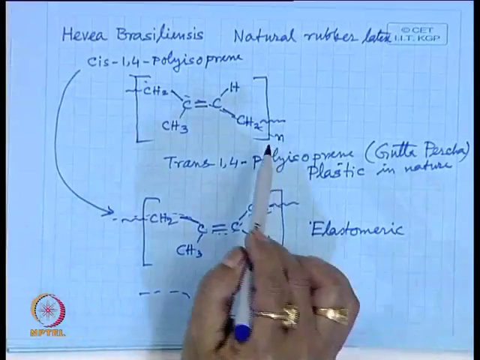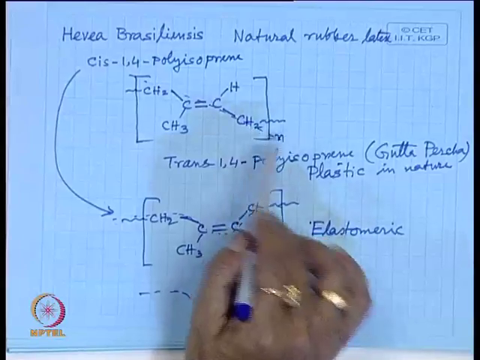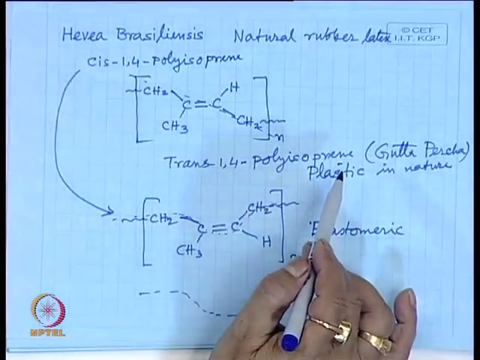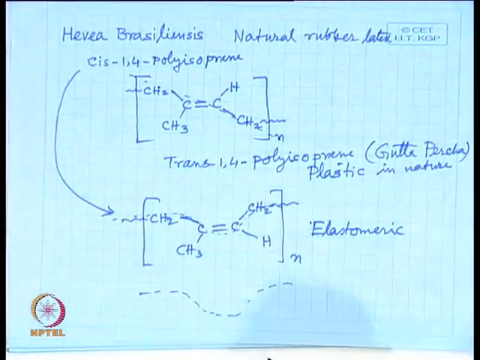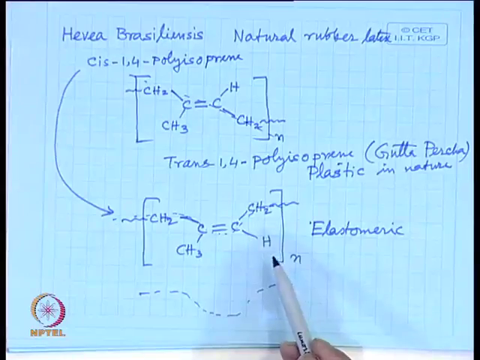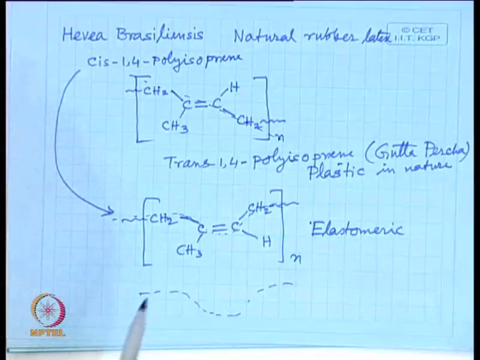So, it leads to higher molecular packing. So, it gives a plastic type of material, whereas this is elastomeric. Now, you will understand the details of this later. It is a little difficult to understand from the molecular configuration why we call this elastomeric and this a plastic, but I have just mentioned it.